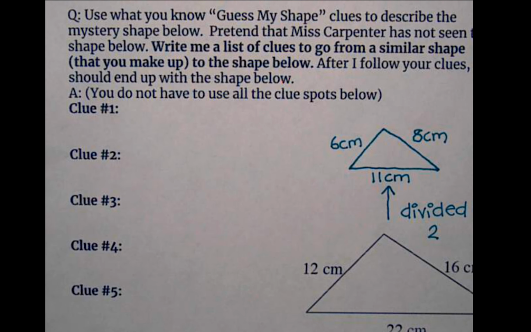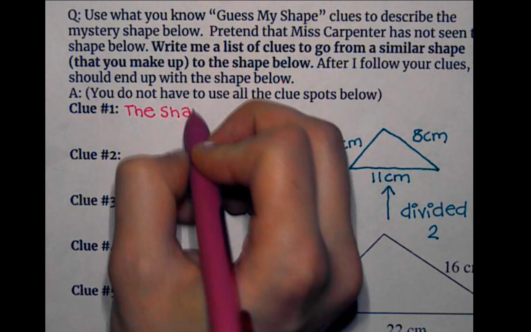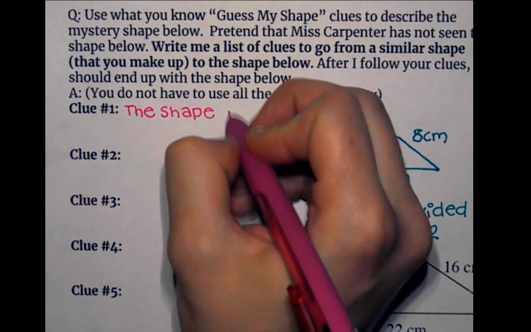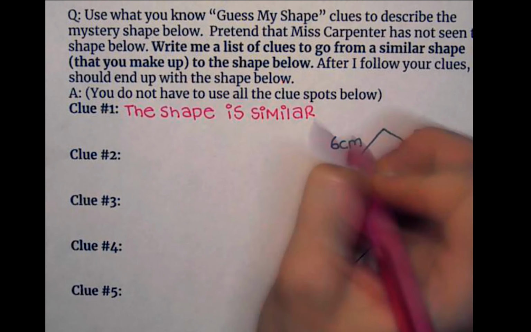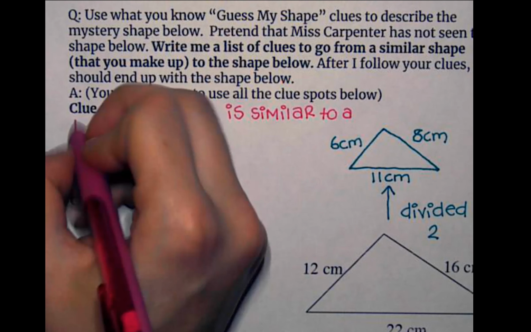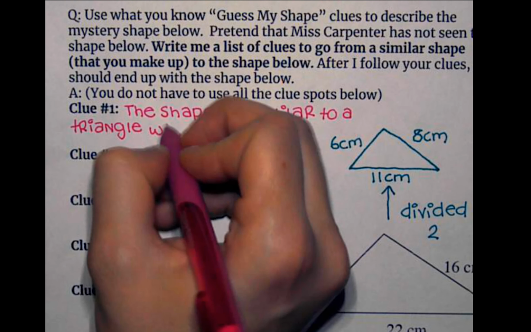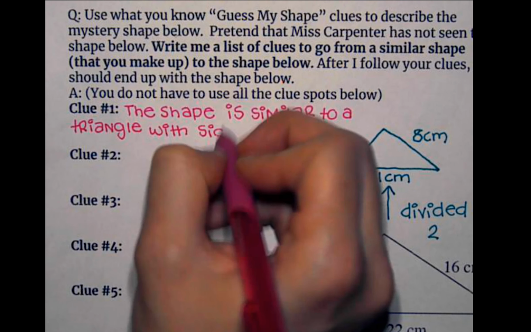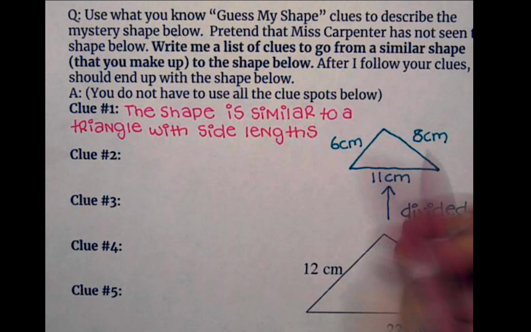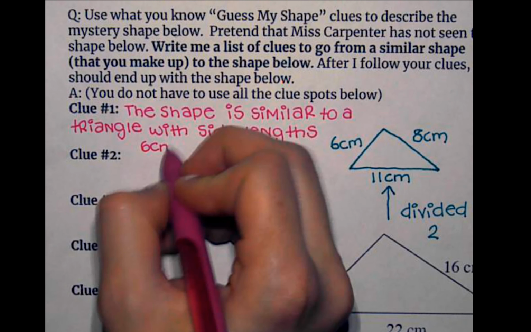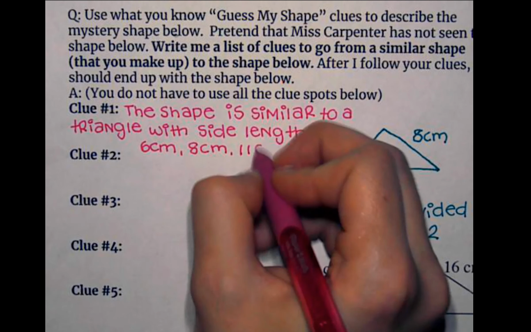I'm going to tell you that the shape is similar to a triangle with side lengths, and then I'm going to list them: 6 centimeters, 8 centimeters, and 11 centimeters.